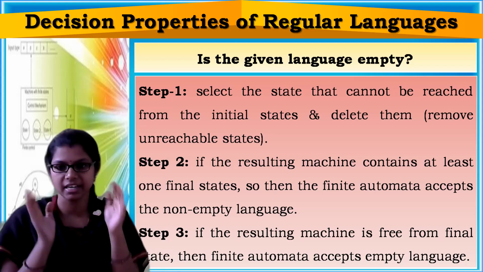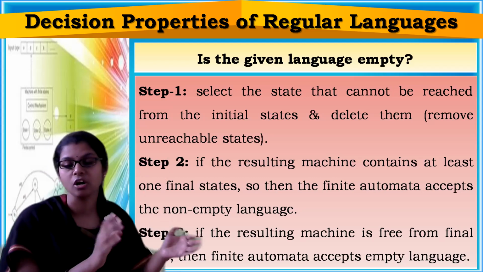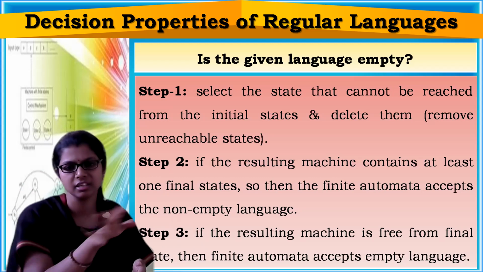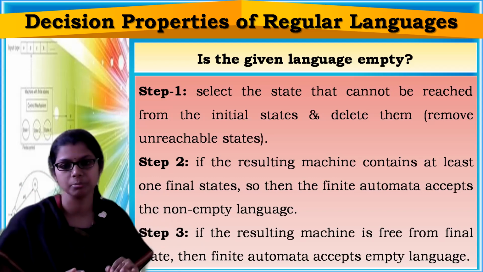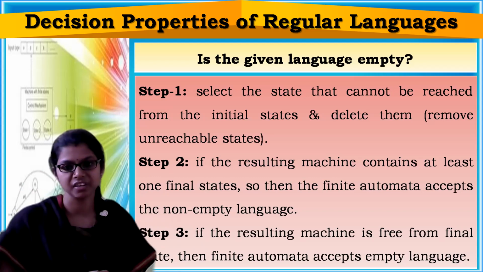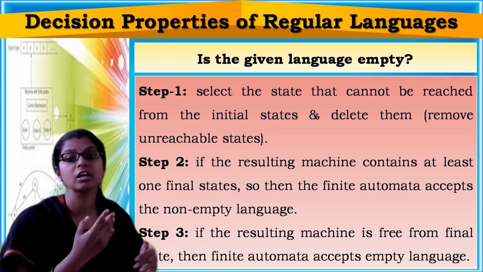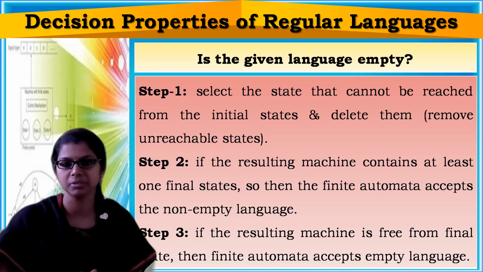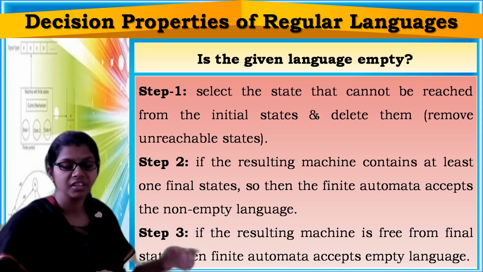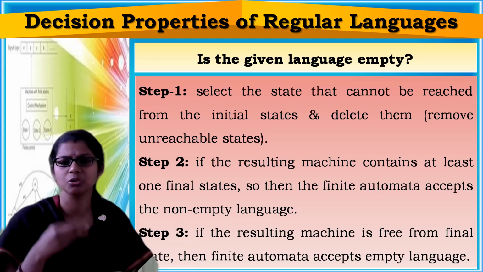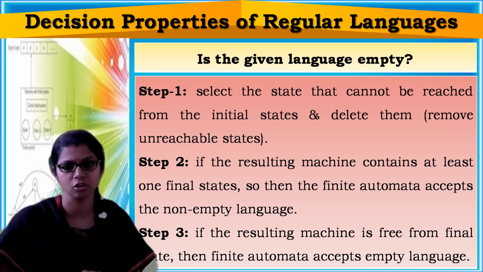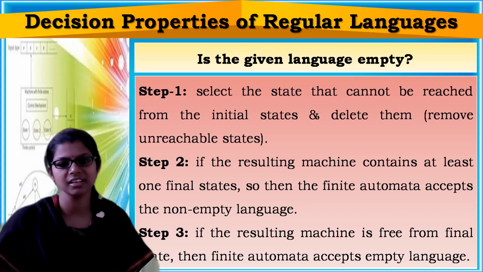First you are selecting the states that are not reachable from the initial state and deleting them. After this, if the resulting automata contains at least one final state, then the finite automata is going to accept a non-empty language, meaning your language is not empty. Suppose the resulting machine is free from final states, meaning there are no final states at all in the resulting finite automata, then the finite automata accepts the empty language.